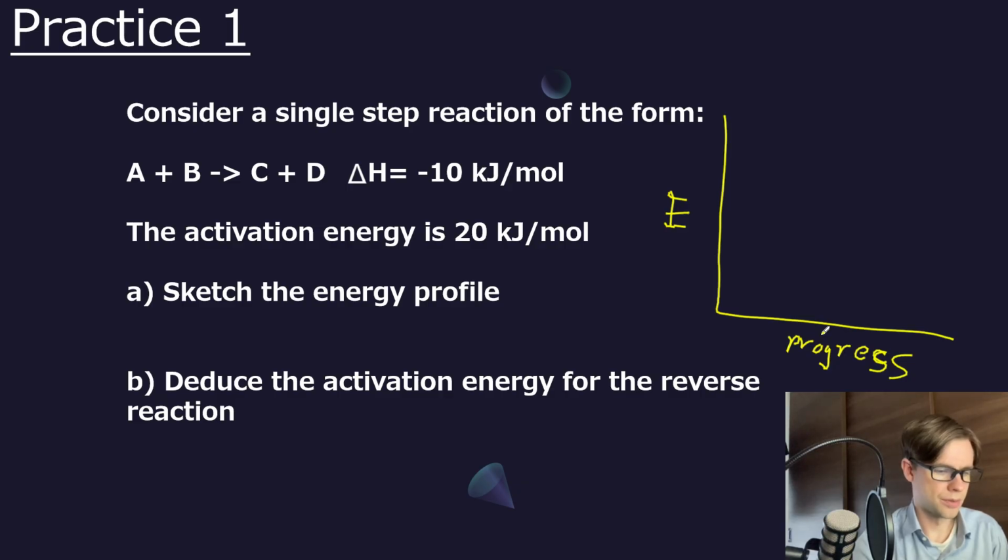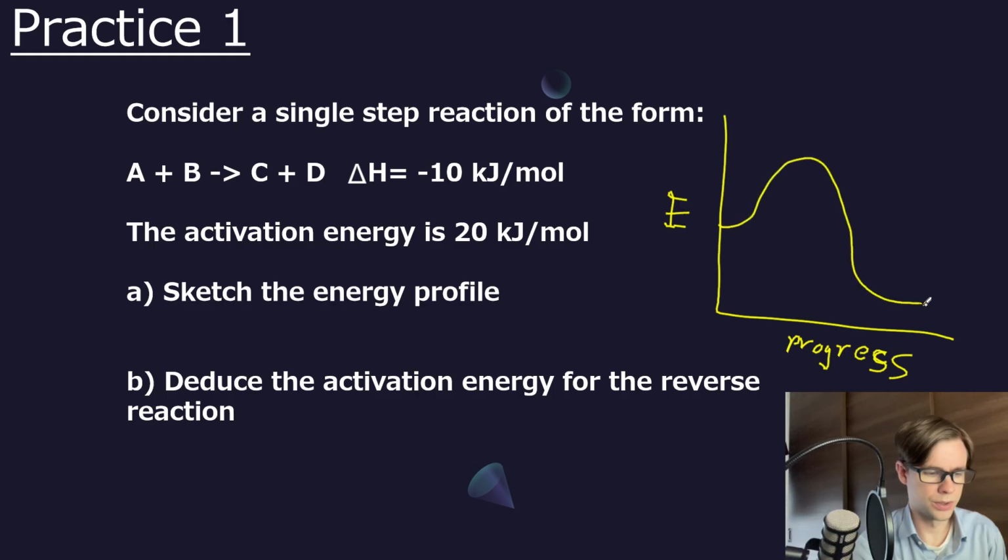So this is exothermic. We're going to have the regular profile for an exothermic reaction. Products lower. So we'll have C plus D down here, our products, and A plus B as the starting point.